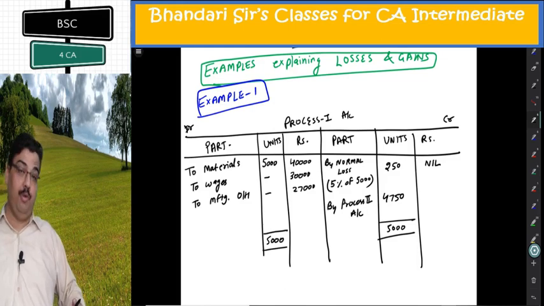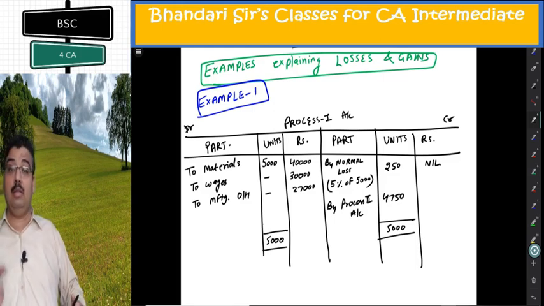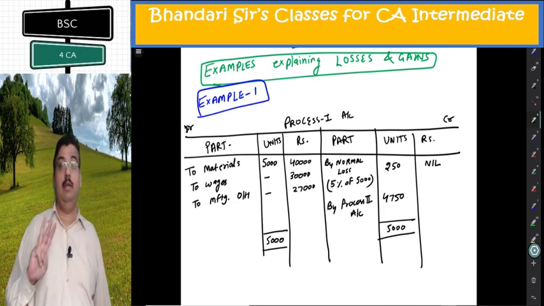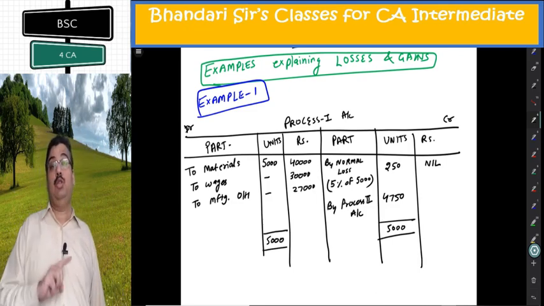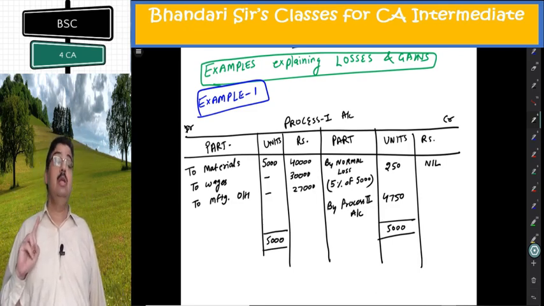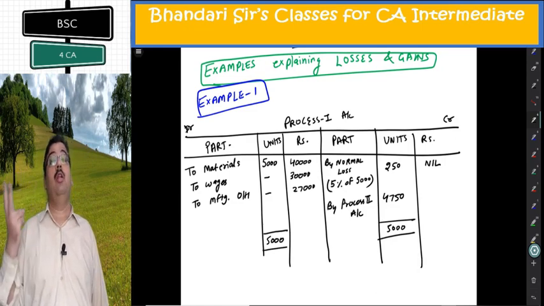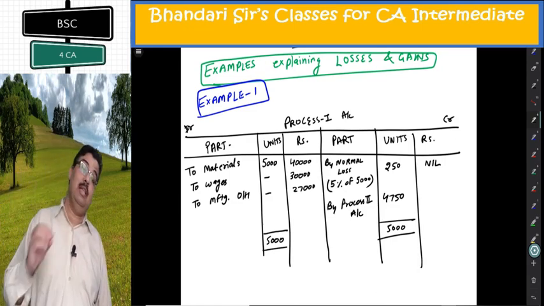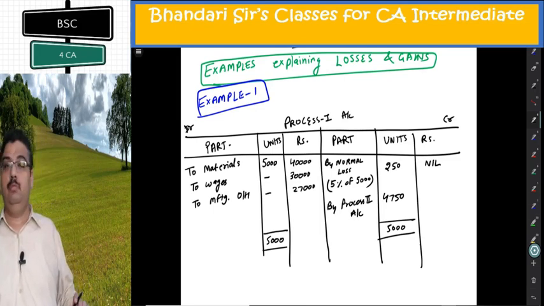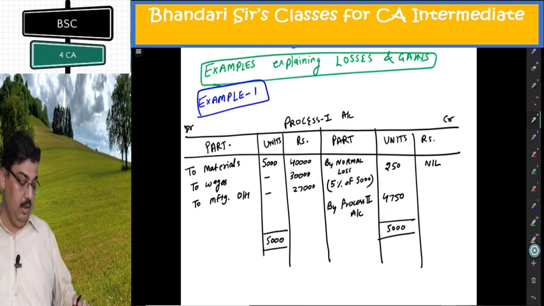Expected normal loss 250, actual loss 5,000 minus 4750, again 250. So there is no abnormal gain, no abnormal loss. Remember 3 ways to compute abnormal loss or gain: compare actual and expected output, compare actual and expected loss, or the balancing figure in the units column. Simple, very simple. So here, no abnormal gain, no abnormal loss.